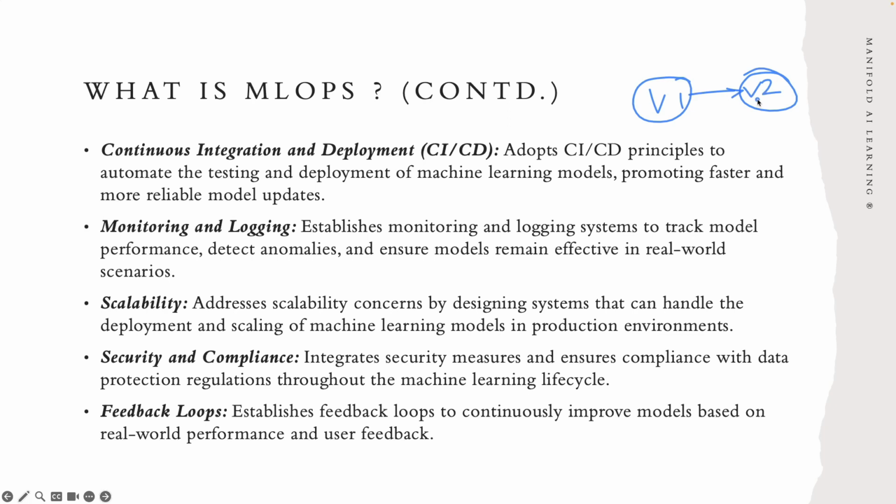And lastly, MLOps suggests having a feedback loop so that we can continuously get feedback and improve the machine learning models based on real world performance and user feedback. So that's the overall way in which we can describe MLOps. Here we are combining the machine learning and the DevOps side in a machine learning project.